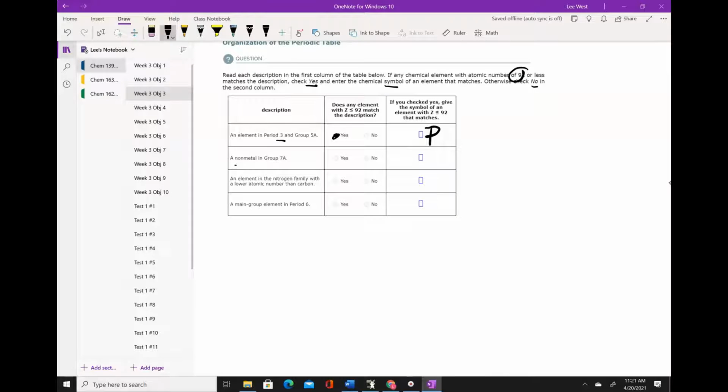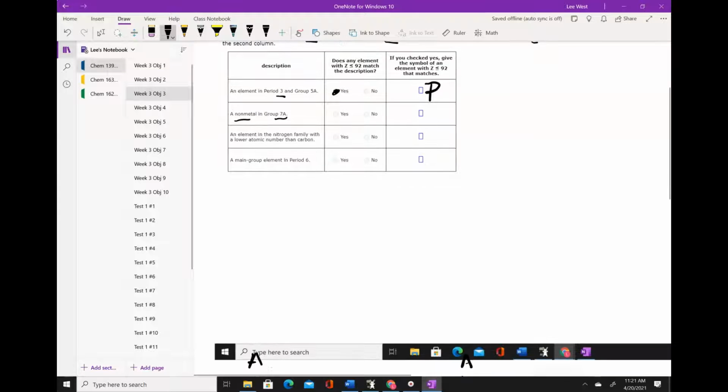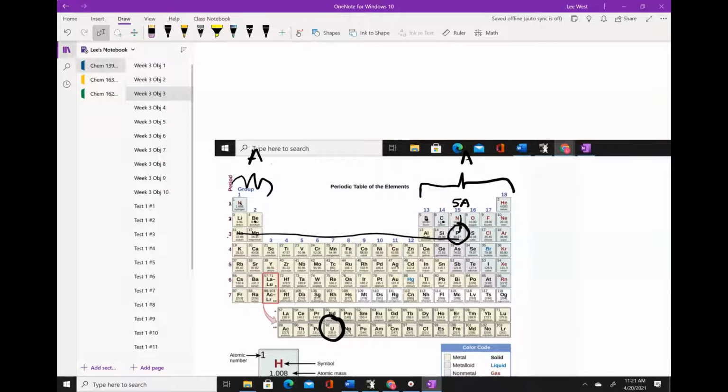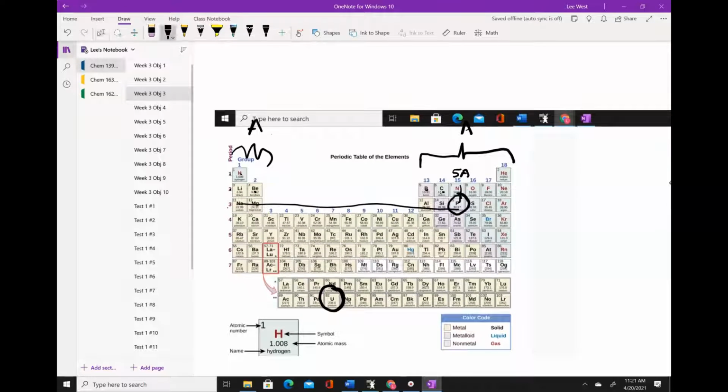Now it says a non-metal in group 7A. So this is why my periodic table that I selected is nice, because I can tell at a glance whether it's a non-metal, a metalloid, or a metal. So 7A is the halogens in here. And how many of them are non-metals? Well, quite a few of them.